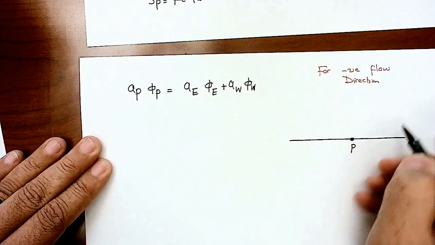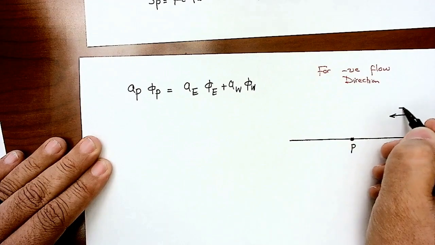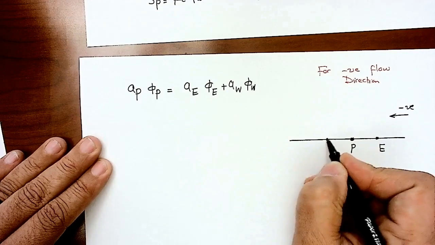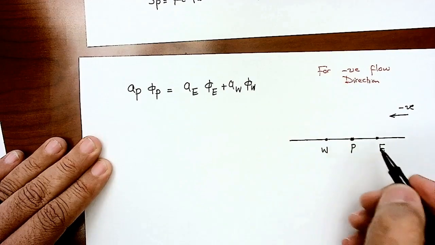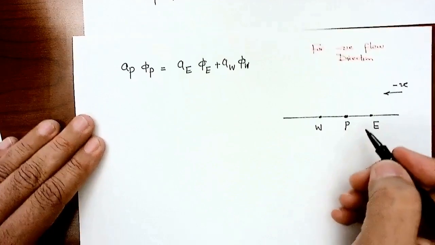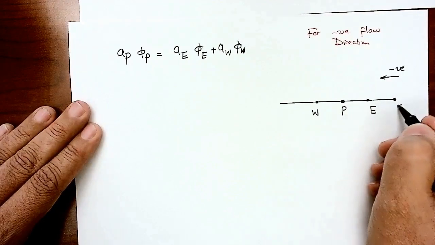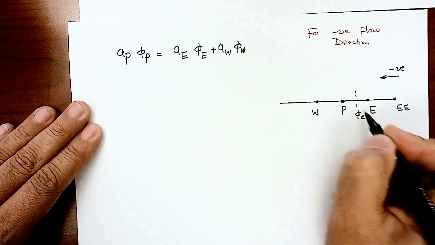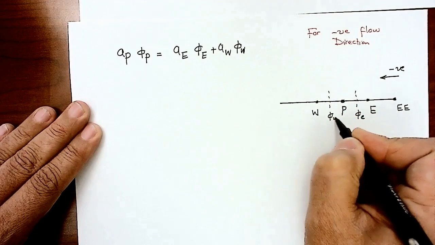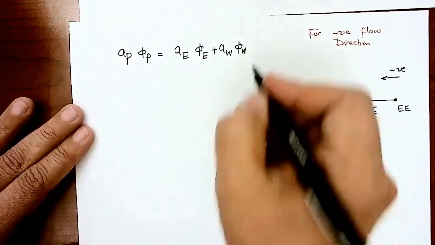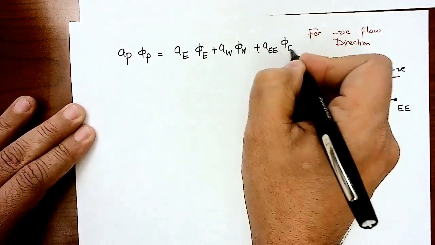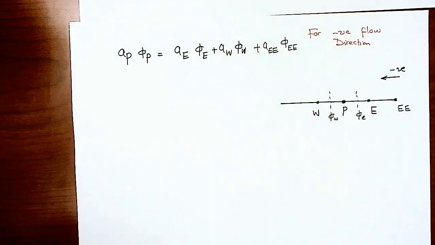This is my P. This is my flow direction, negative flow direction. This is the east point. This is the west point. Now I need 2 nodes in the upstream. So I'm going to need the east-east point, right? And this is phi east, and this is phi west, right? So I will have A east-east, phi east-east, right?